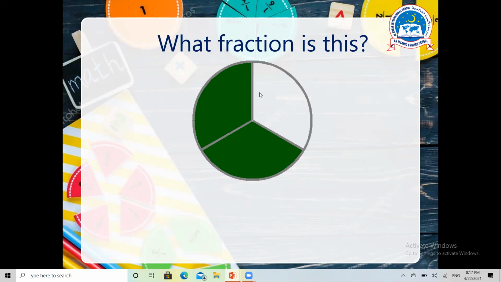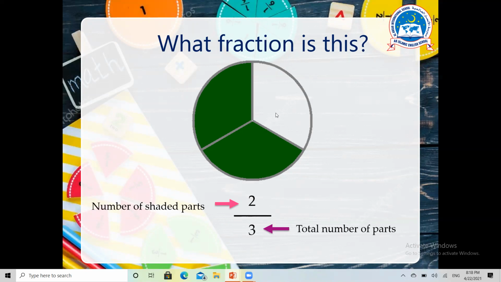What fraction is this? Come on, how many shaded parts out of how many parts? Yes, we write it like that. Why do we write 2? Because 2 means the number of shaded parts, and the 3 means the total number of parts, 1, 2, 3.